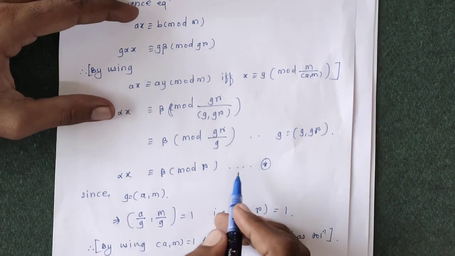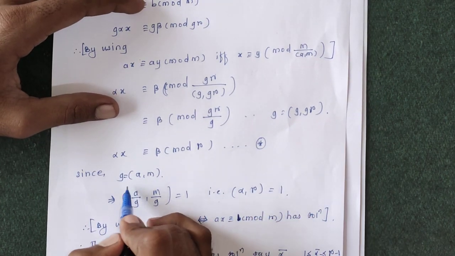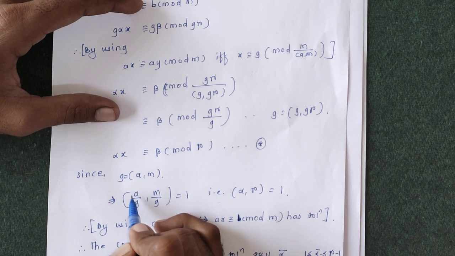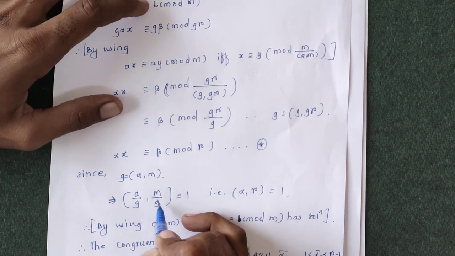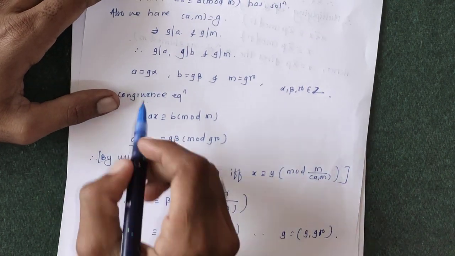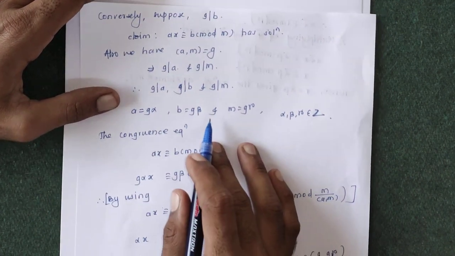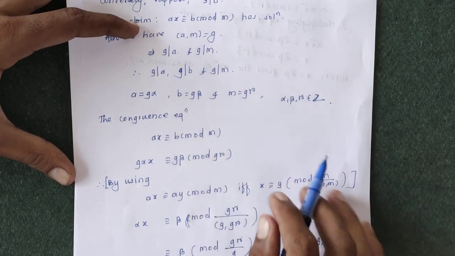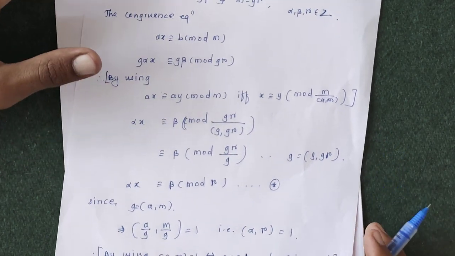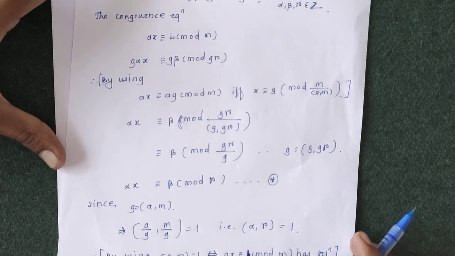So we get this equation, star. Also we have GCD of a and m equal to g. So from that we get GCD of a by g and m by g equal to 1, where a by g is alpha and m by g is gamma. So we get GCD of alpha and gamma equal to 1.